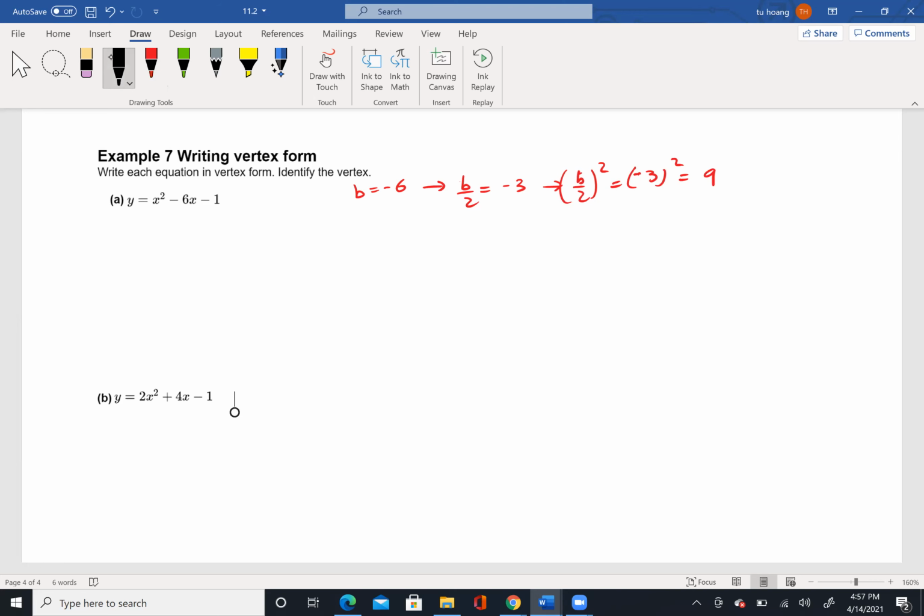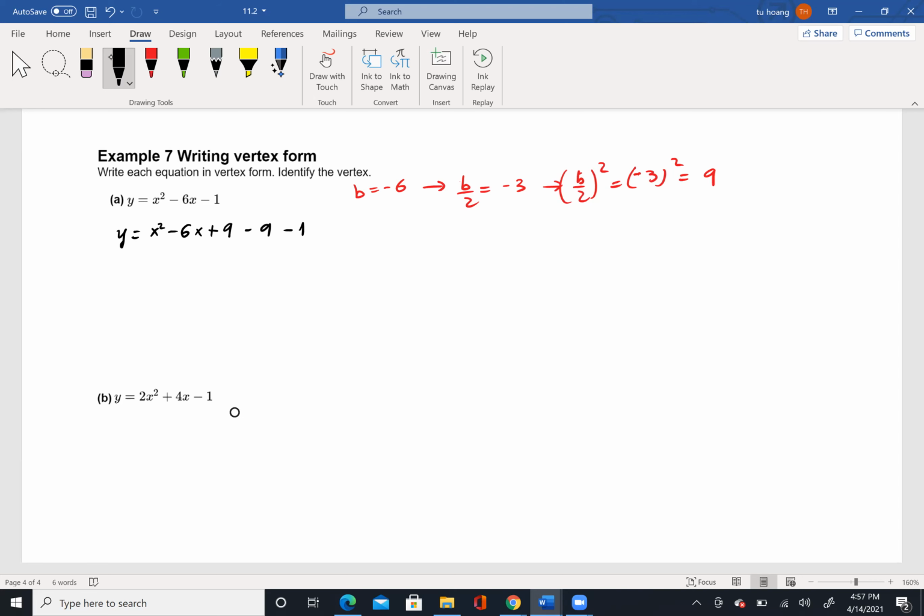So what does that mean? You will have to add and subtract 9 on the right side. So y equals x squared minus 6x, and then adding 9 and then minus 9 and minus 1. See that? I'm adding 9 and minus 9 on the right side.